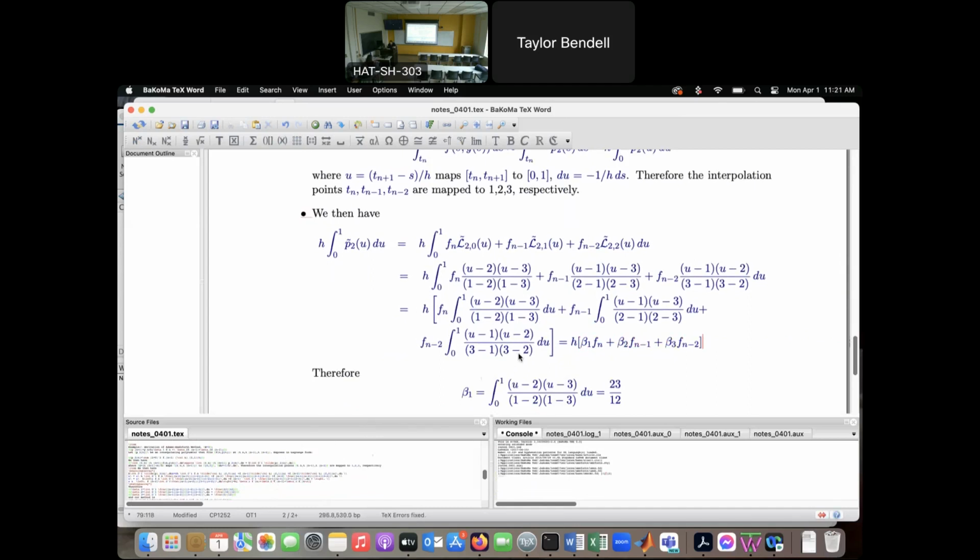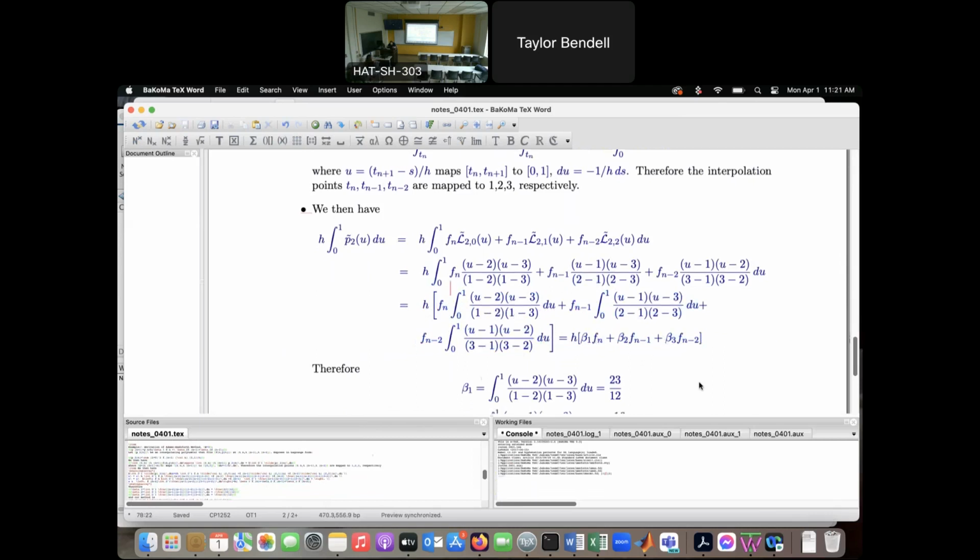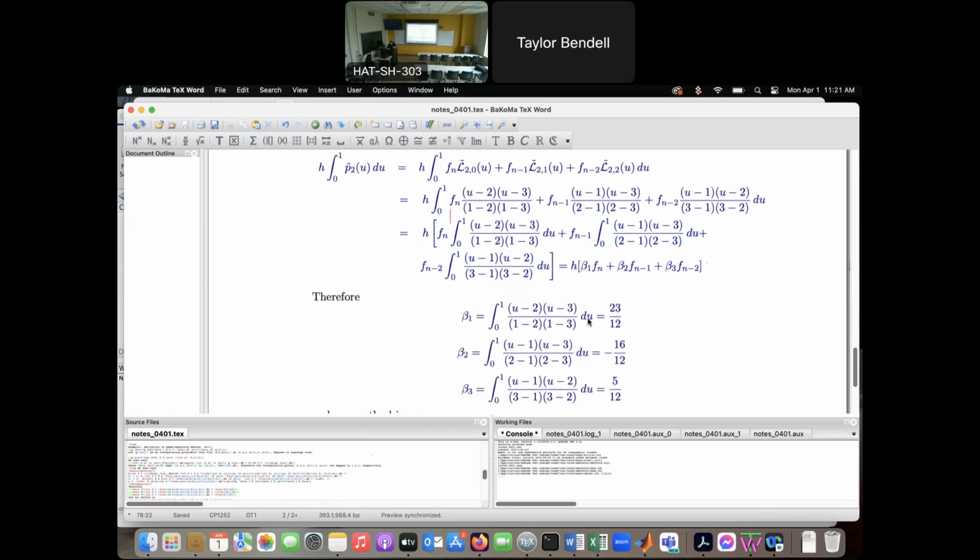Okay. So again, matching this whole expression against this, you see the h's match up, the f values match up. So the only thing left in this expression are the integrals, these Lagrange polynomials. Those are the betas. So I go ahead and work out the integrals, and I get my betas.